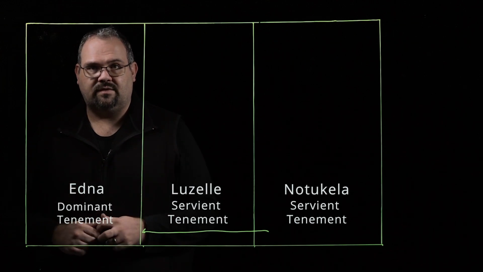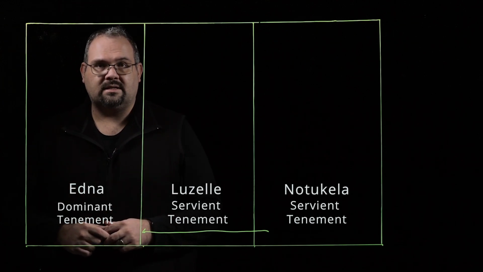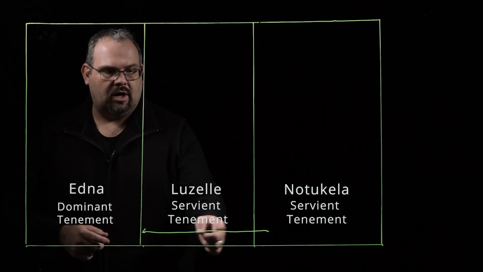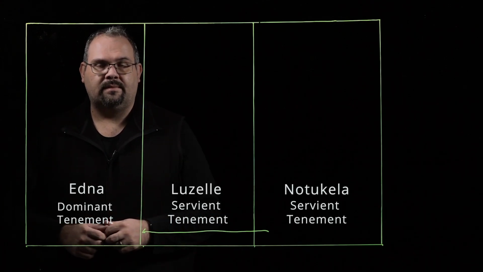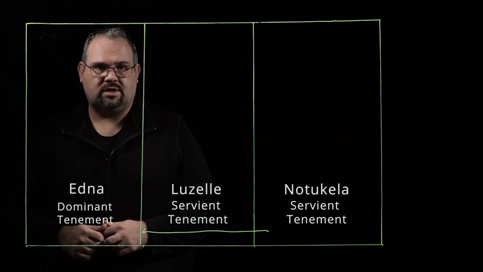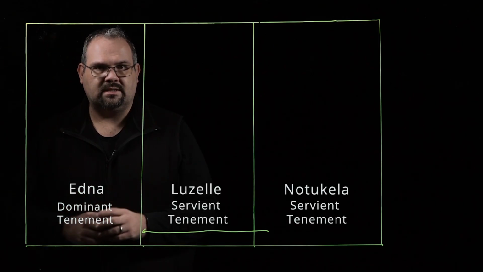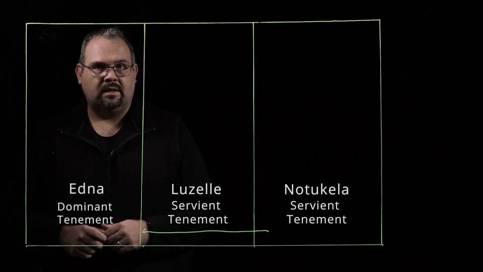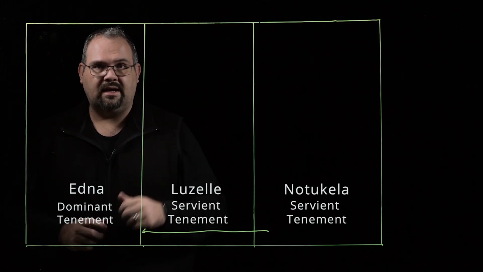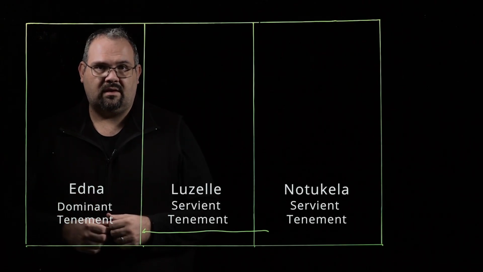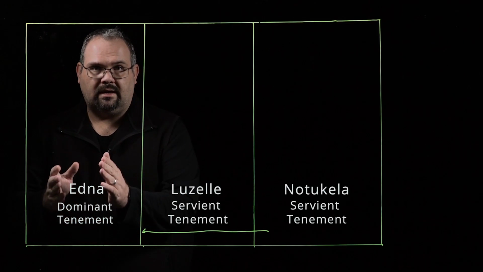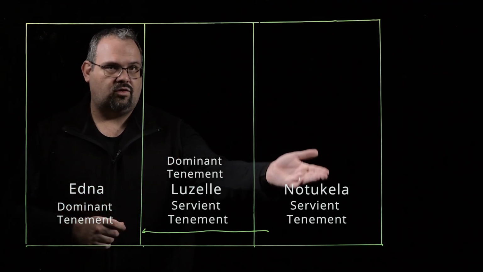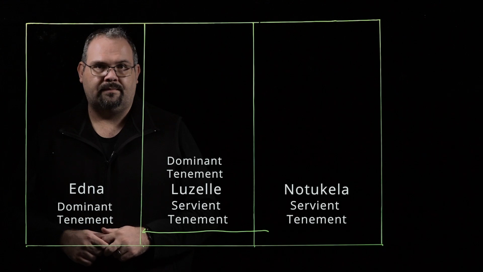The second servitude that is created is a servitude of water leading over Luzel's property. So there are 2 servitudes. This means that Luzel is in a very unique position. She is simultaneously a servient tenement to Edna and a dominant tenement to Notukela.